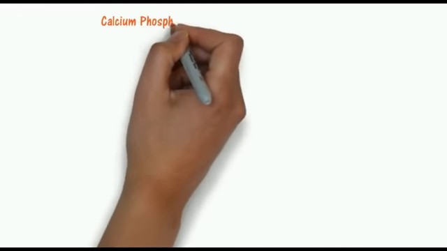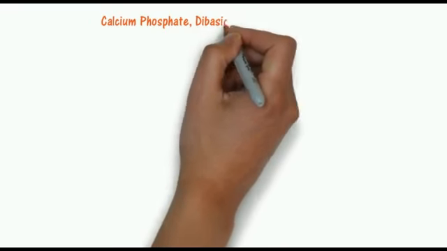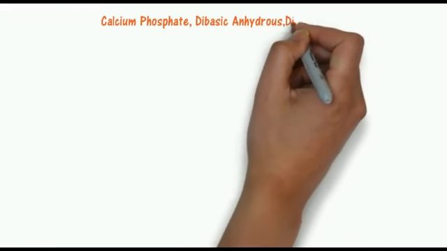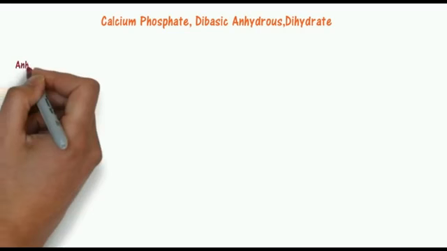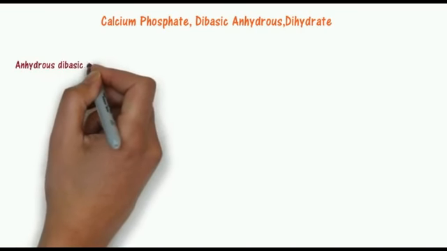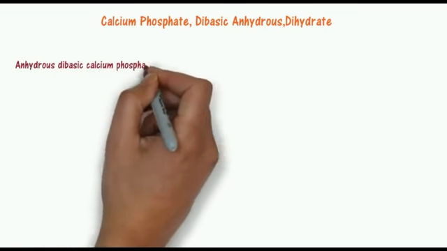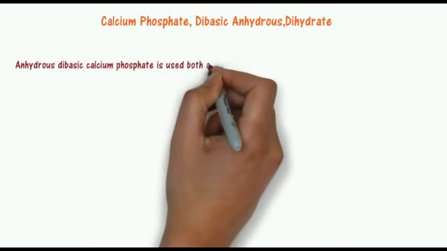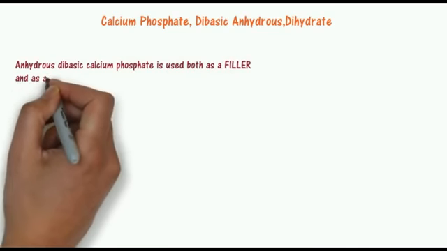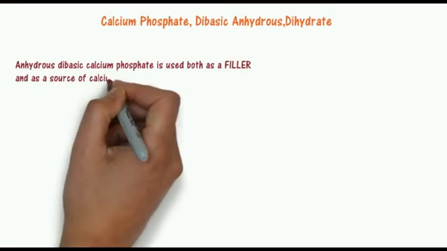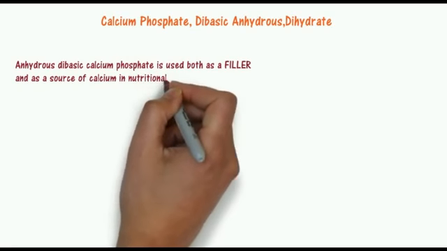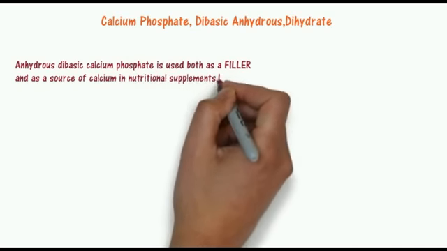Now next one is the calcium phosphate: dibasic, tribasic, monobasic, anhydrous, dihydrate, trihydrate. All these are calcium salts which are used as fillers. Anhydrous dibasic calcium phosphate is used both as a filler and as a source of calcium in nutritional supplements.